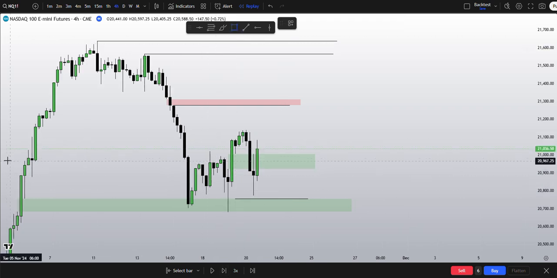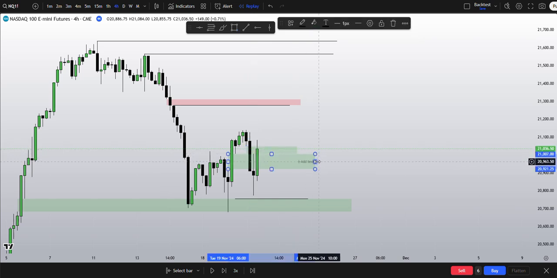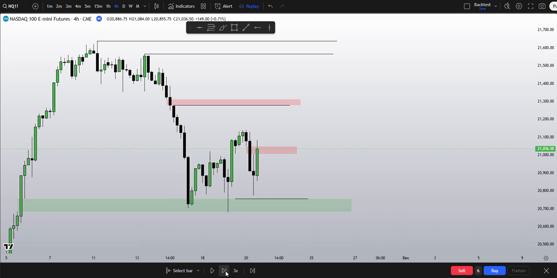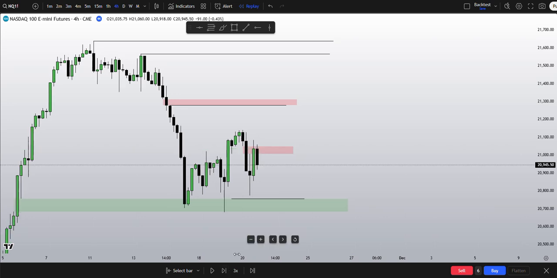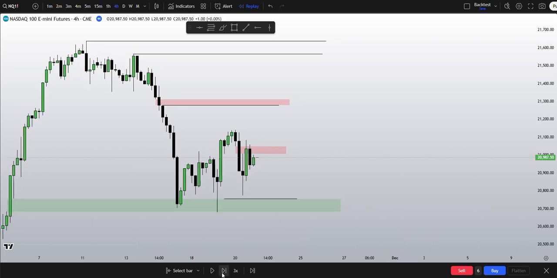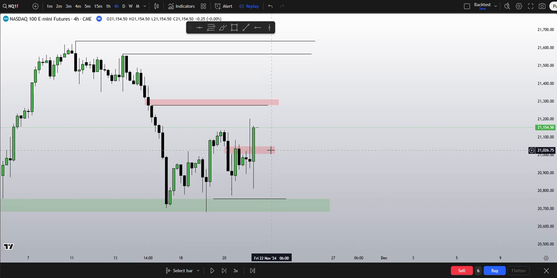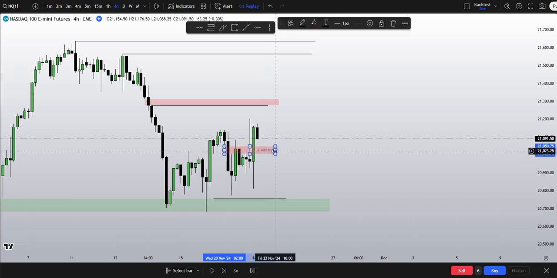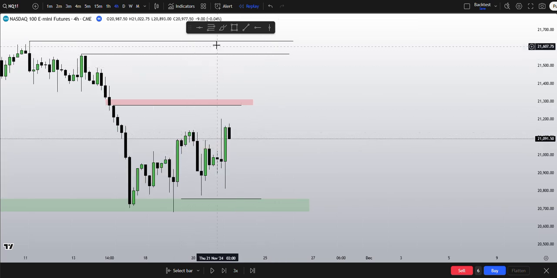We are still within this bearish fair value gap. I will take this out. Now I want to see how we react to this. Should we disrespect it? I'll change my narrative, but we are respecting it right now. And we disrespected it. There we go. We took this high. Now I want to see what we do after taking this high.